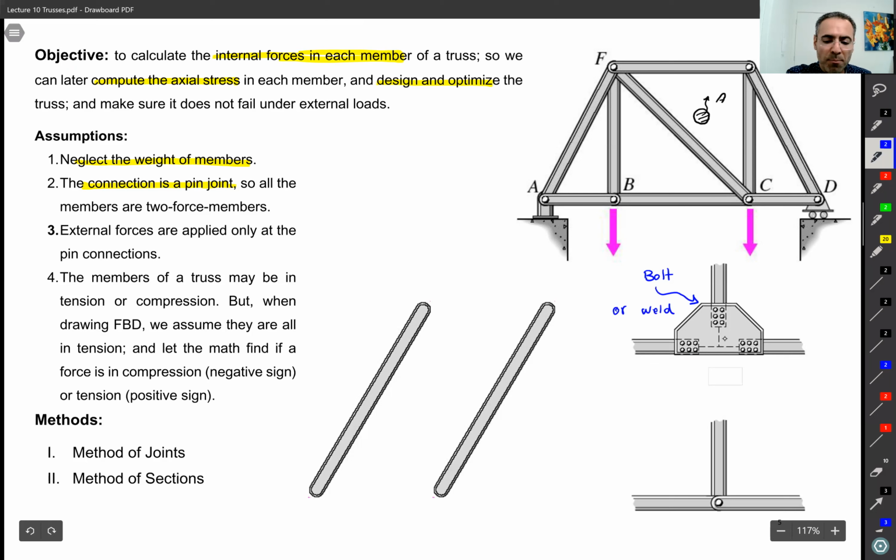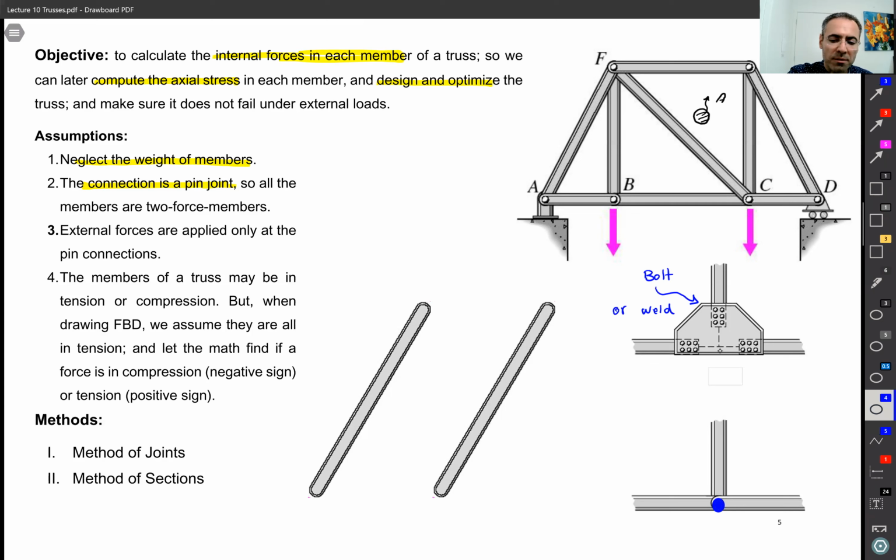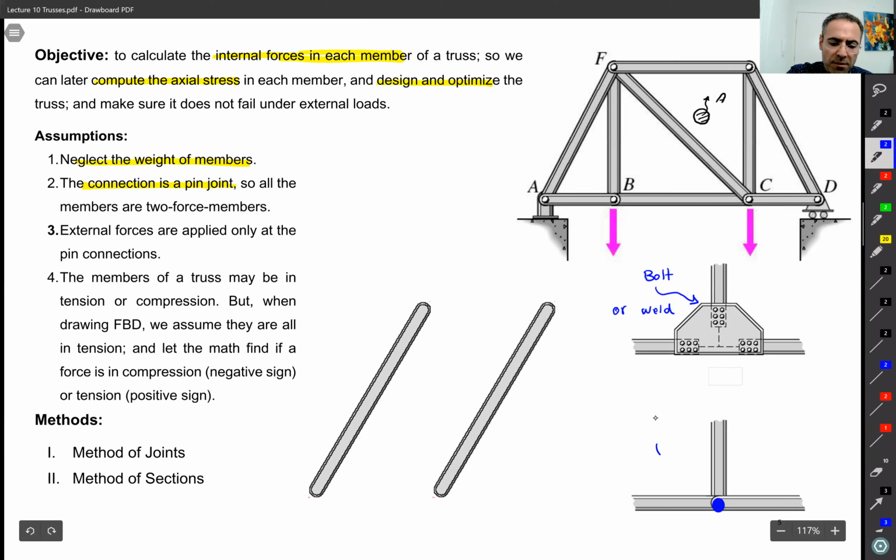But for us to solve the problem, we can get a relatively good answer if we just assume that the connection is a joint, something like the one on the image below. So that's the second assumption. And for a joint, we know what the reactions are, right? We have AX and AY.